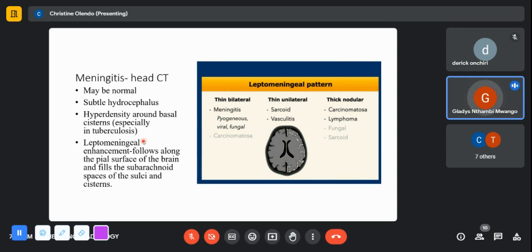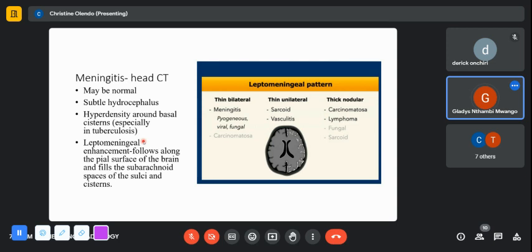When it's thin, bilateral, it's more of pyogenic or viral. And then when you have unilateral, you think of sarcoid. Then you can add TB in our population or vasculitis. Sometimes it can have small granulomas, even within the meninges, so it's not really a smooth thickening that you would see in pyogenic.